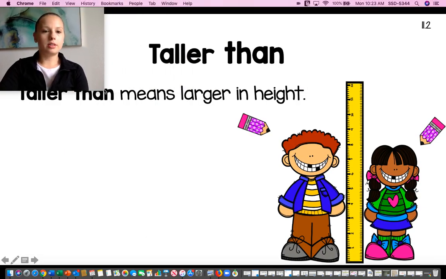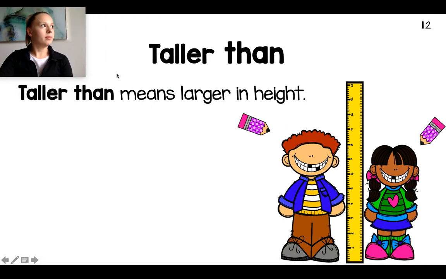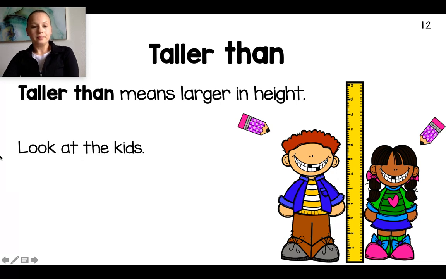All right, let's learn some new words to describe our height. First word is taller than. Taller than. And you know taller than means bigger, right? Taller than means larger in height. So I see over here, look at the kids.